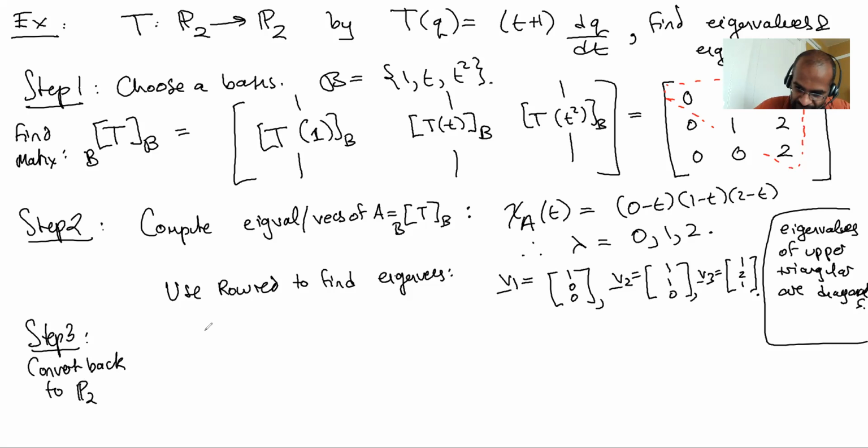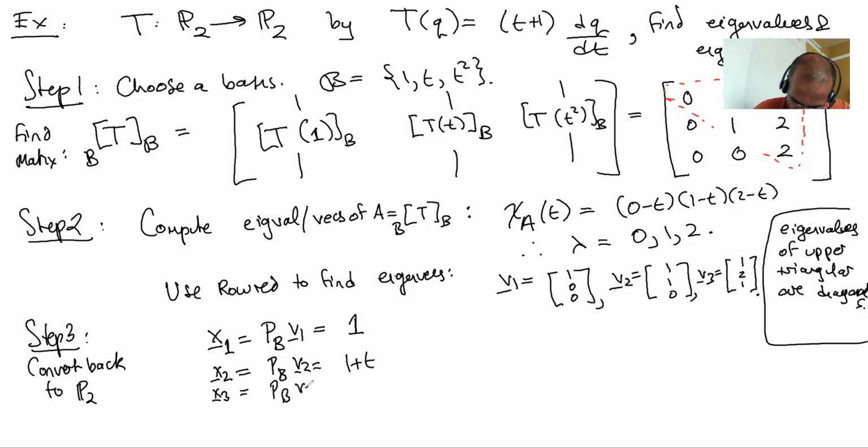And so the eigenvectors of T will be, let's call them x1, is going to be P_B of v1, which is just going to be the polynomial 1. x2 is going to be P_B of v2, which is 1 plus t. And x3 is going to be P_B of v3, which is 1 plus 2t plus t squared.